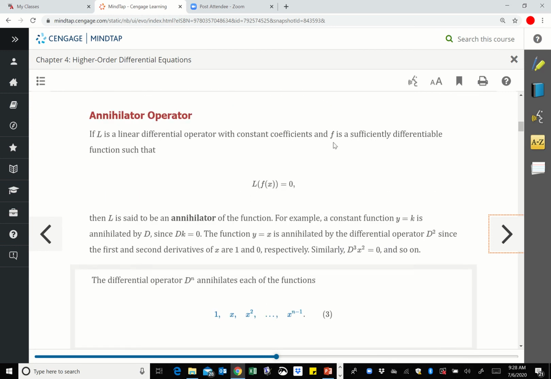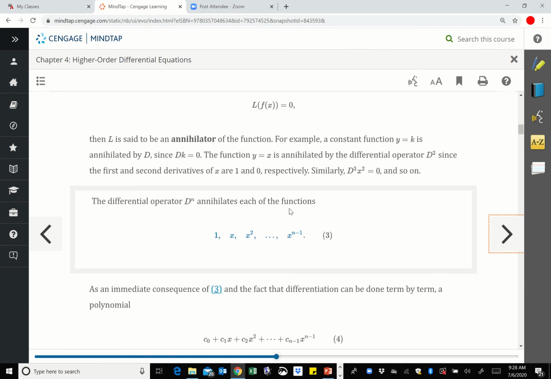If we apply it to a function f that has all of the required derivatives, and the differential operator applied to the function produces the result of 0, then we refer to L as being an annihilator of the function. Okay, so notice that we say an annihilator, not the annihilator. There can be more than one differential operator that can annihilate a function.